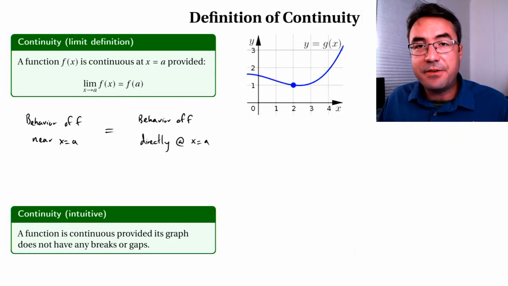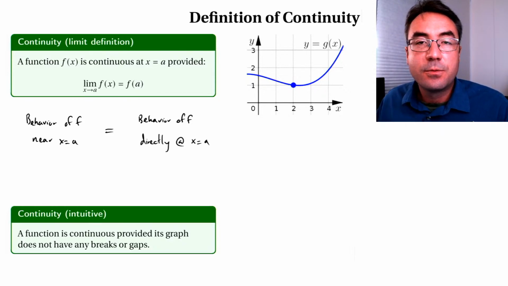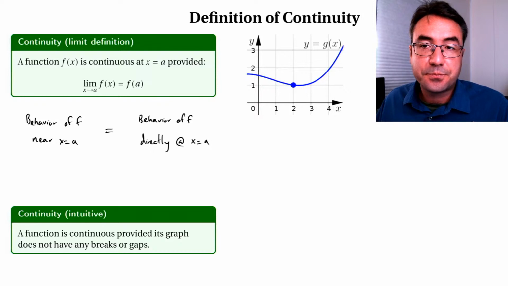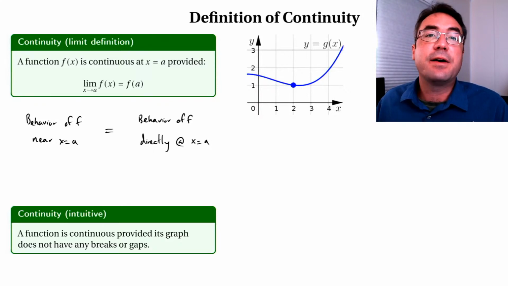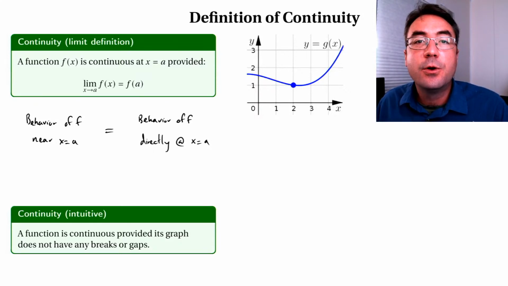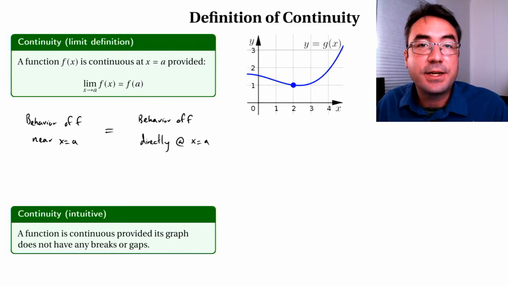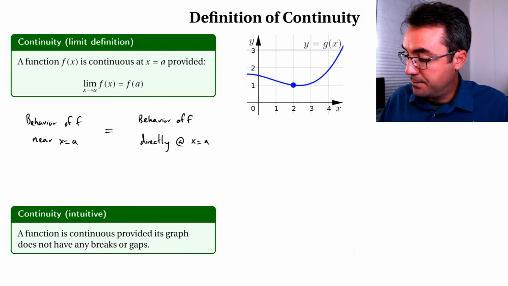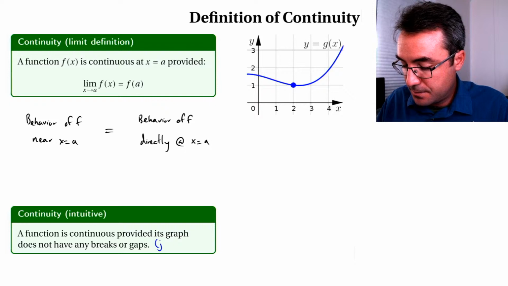So the intuitive definition relates to the graph. If we were to draw the graph of a continuous function, we would see that it does not have any breaks or gaps, or jumps or holes in it.